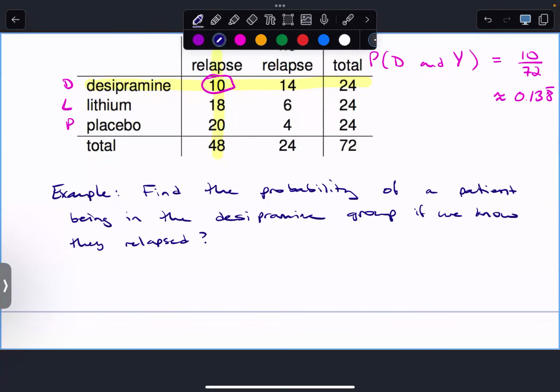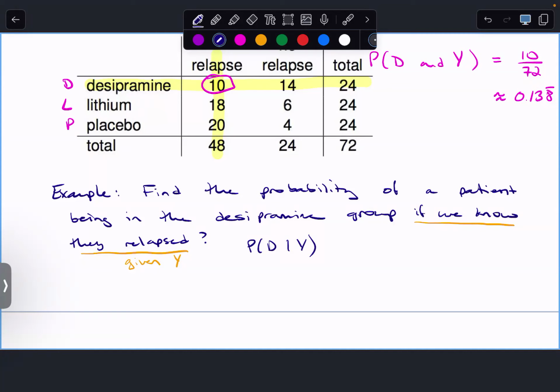So if we know that they relapsed, that's the same thing as given relapse yes, right? Which I'm shorthanding to y. So given y, what I want to find is the probability of D given y.